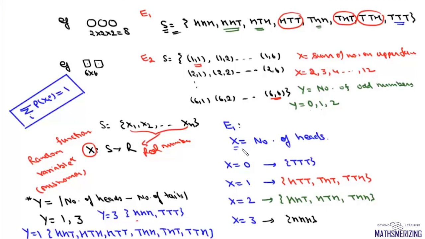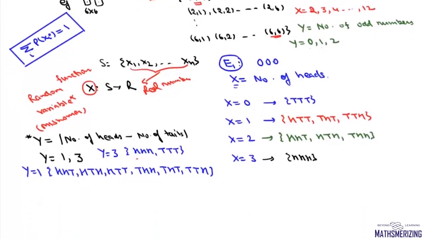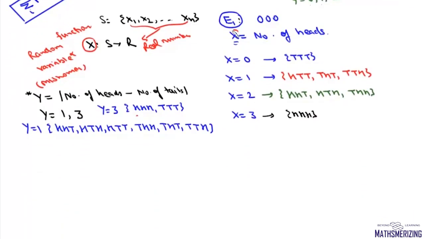Say for example, suppose we take this random experiment, which is tossing 3 coins. Now let us take this random variable x. In this case, x represents the number of heads. Now x can take 4 values 0, 1, 2 and 3. So what we'll do is draw this table.